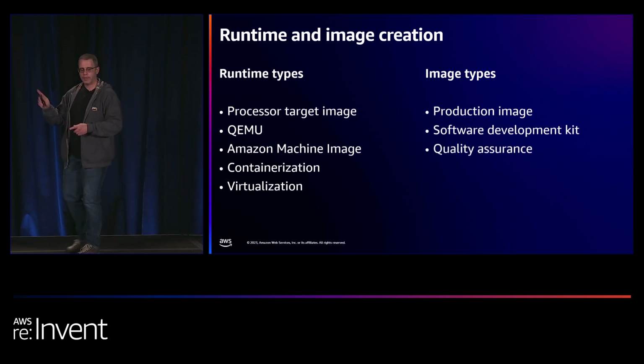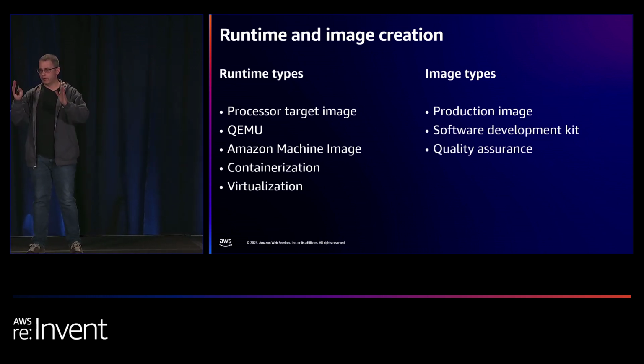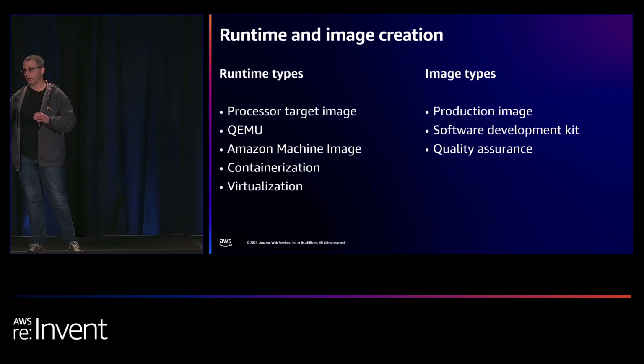But there are other kinds of image types that Yocto Project can produce from a single build that can be very interesting to you. Not just the image that you're going to run your end product on, but you can build a software development kit. So on your local development machine, you can download a generated SDK for that target processor, unpack it, install it, and you can have a local cross-compile environment, and you can make that part of your standard build process.